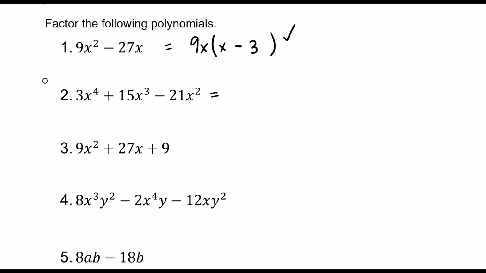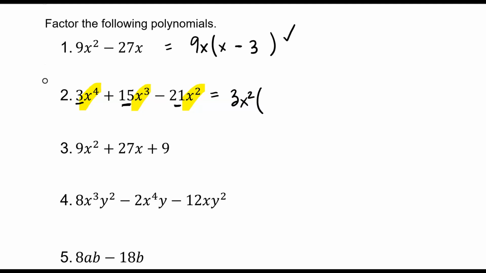We have 3 terms here, and what you see, you have a 3, a 15, a 21. 3 is in common for that, but then you're also looking at your variables here. How many x's are in common among all terms? So we can only pull out x squared from all terms.